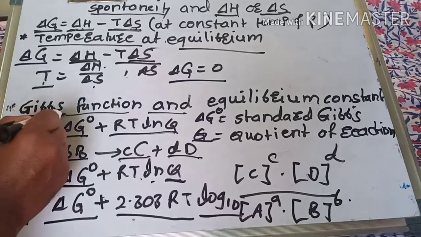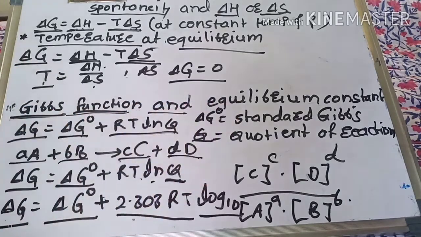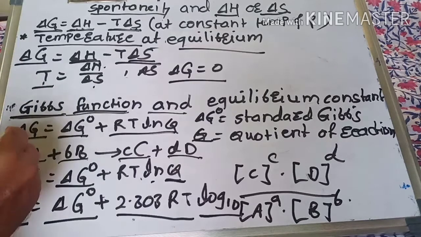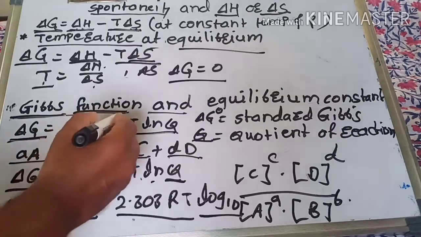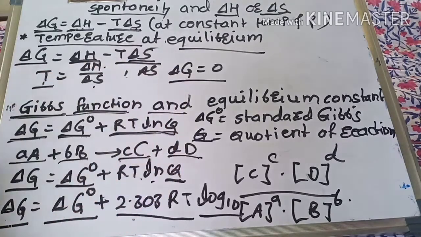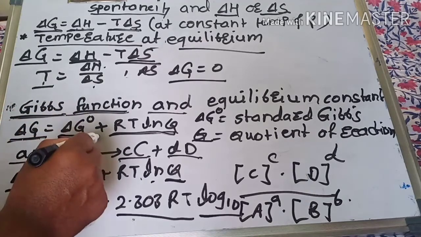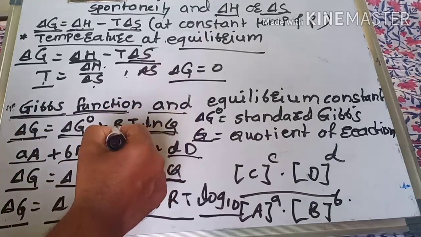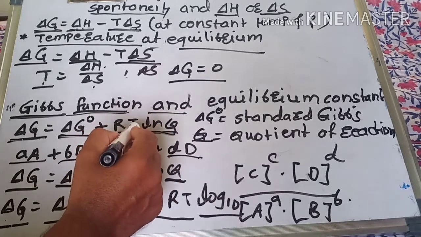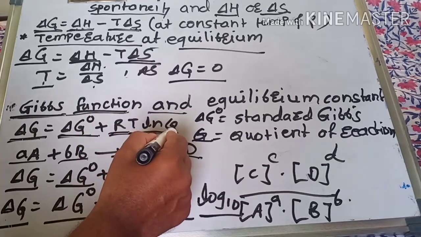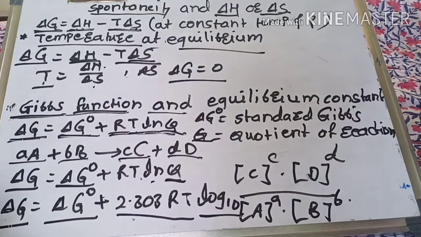The next point is Gibbs function and equilibrium constant. Gibbs energy change for a chemical reaction is given by delta G is equal to delta G0 plus RT ln Q, where delta G is Gibbs free energy, delta G0 is the standard Gibbs function, R is the molar gas constant, T is temperature, and Q is the quotient of the reaction.